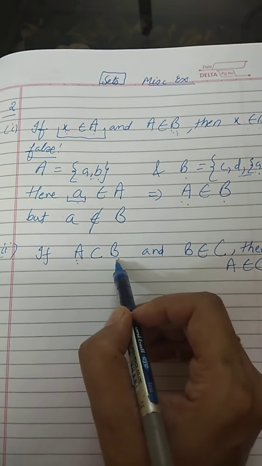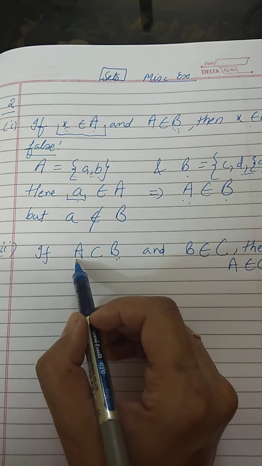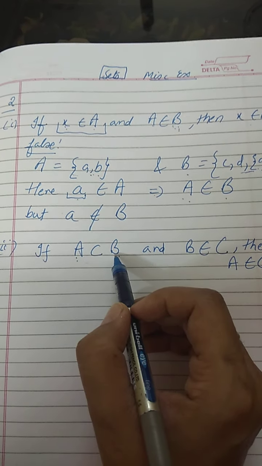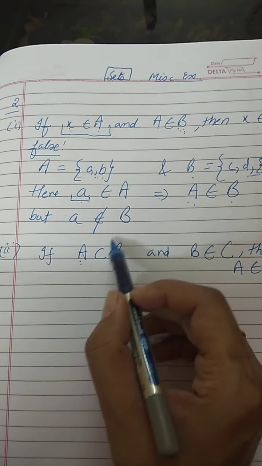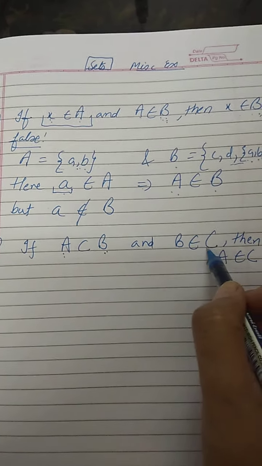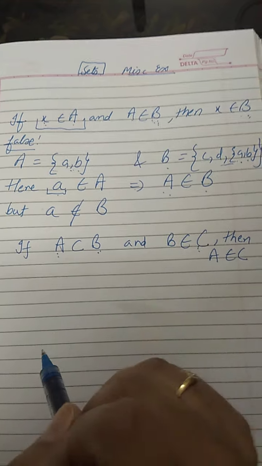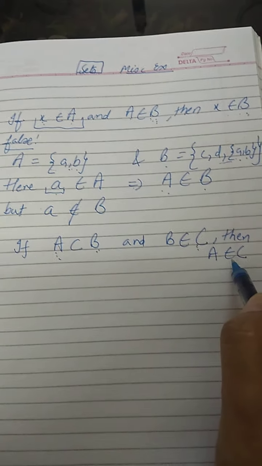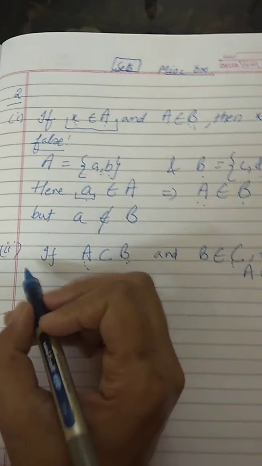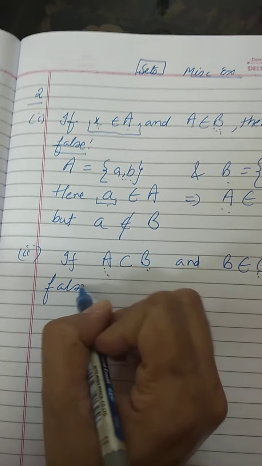The first set is the subset of B. That means the elements which are present here, all the elements are present in B also. But this second set is acting as an element of this set C. Then how come this will come as an element? Once again we will say it is false only.